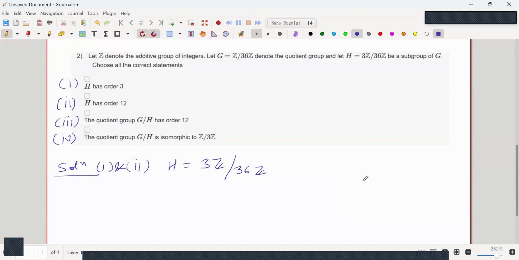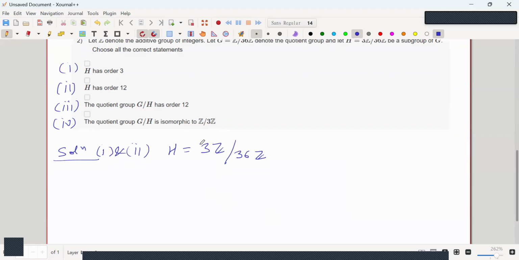Can you tell me what kind of elements are there in Z mod 3Z? Mod 0, mod 1, and mod 2. So here the elements are 3Z plus a, where a varies over 0, 1, and 2. And 0, 1, and 2 are the modulo classes when we divide an integer by 3.